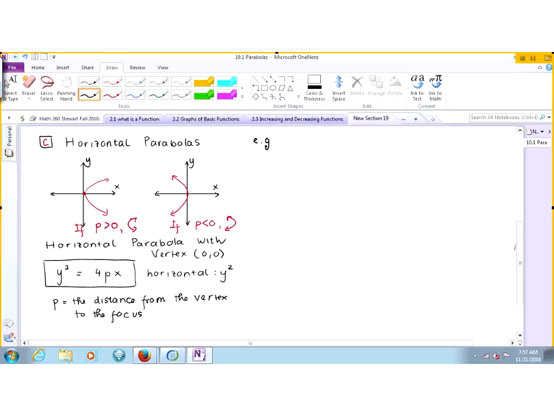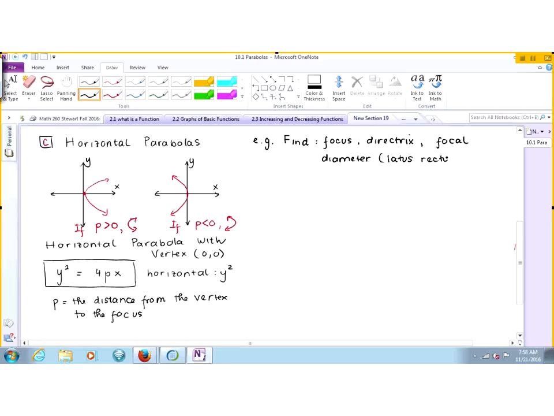Now, this is where we do an example. Find the focus, directrix, and focal diameter. What is the other name for focal diameter?